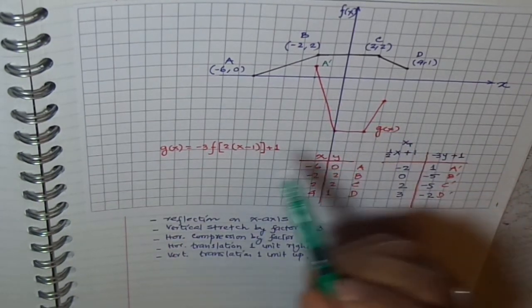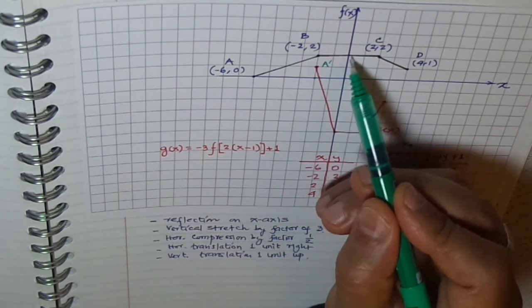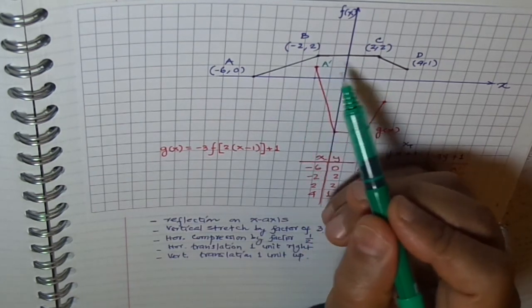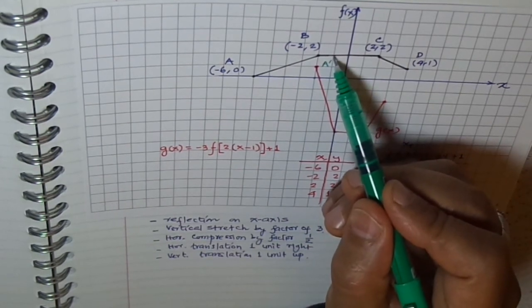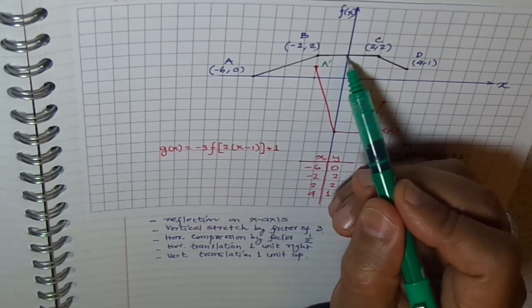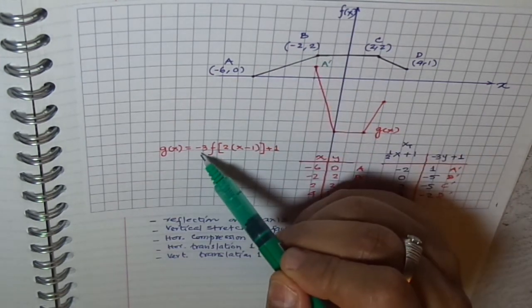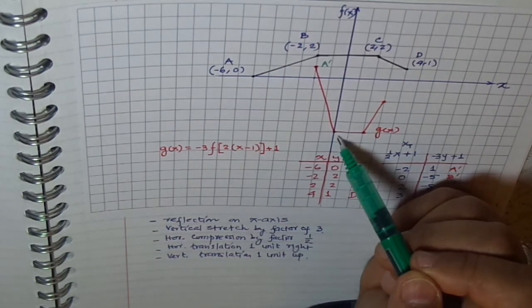B. So what is half of this? Half is here. Correct? And then you move 1 unit to the right. You move 1 unit, so you come to 0. See, x value is 0. Is that right? Fine. How about the y value? 2 times minus 3, minus 6, plus 1 gives us minus 5.